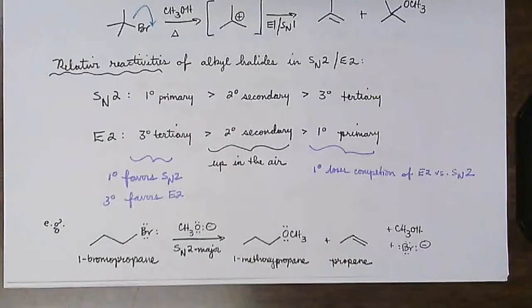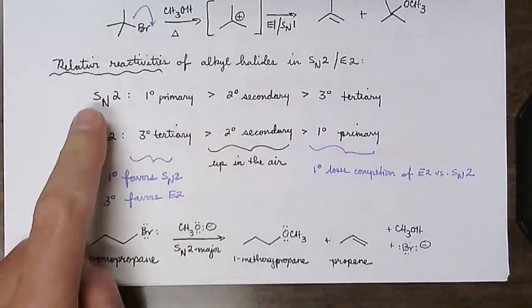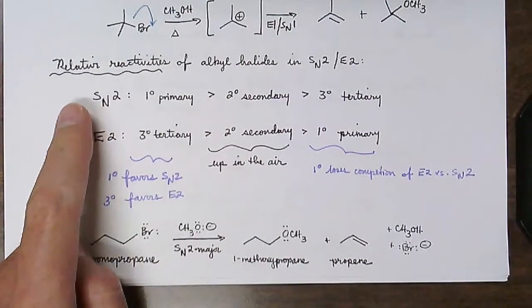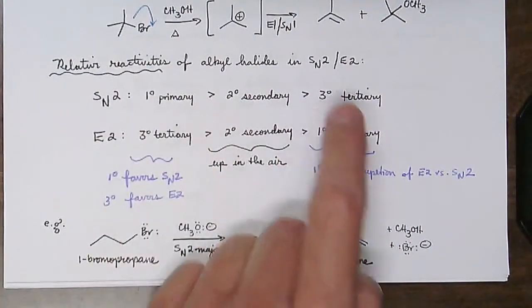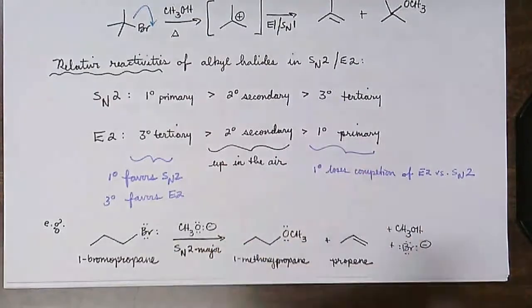So, our relative reactivities of alkyl halides in SN2 and E2 reactions are that primary alkyl halides react the fastest in SN2. And we saw again that tertiary alkyl halides do not undergo SN2 due to their steric hindrance, and the nucleophile cannot approach backside, that is 180 degrees to the leaving group.